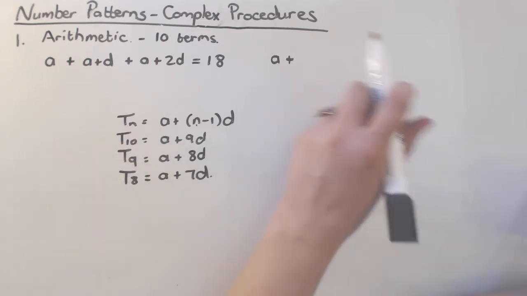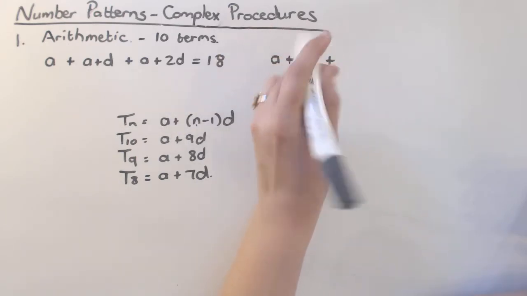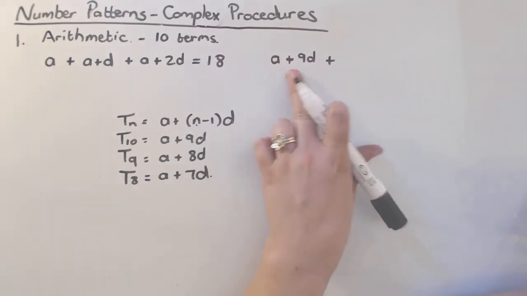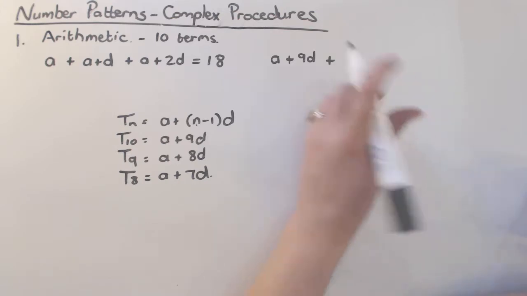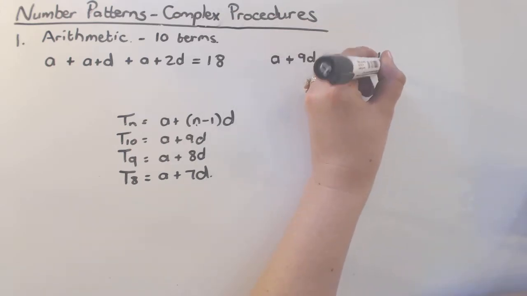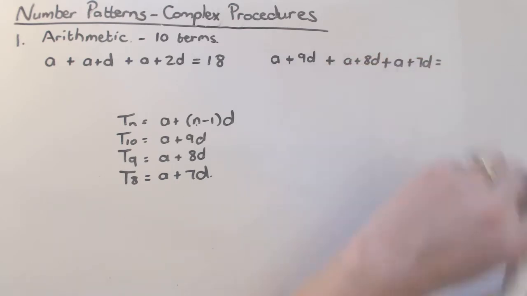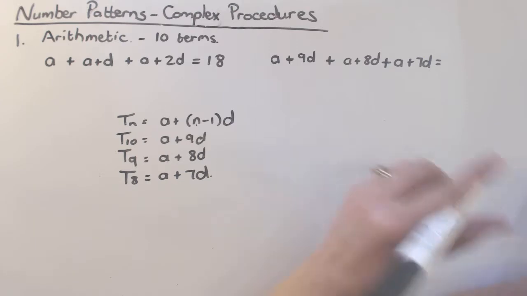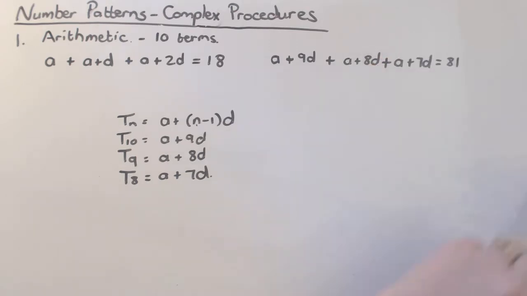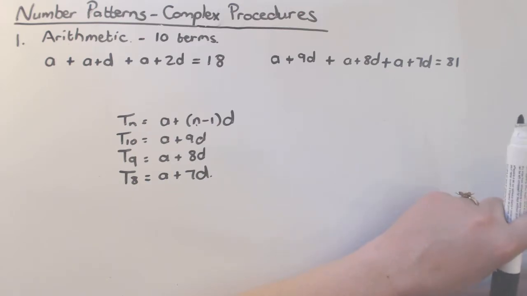So the 10th term is a plus 9d, the 9th term is a plus 8d, and a plus 7d is my 8th term, and the sum of the last 3 terms is 81.